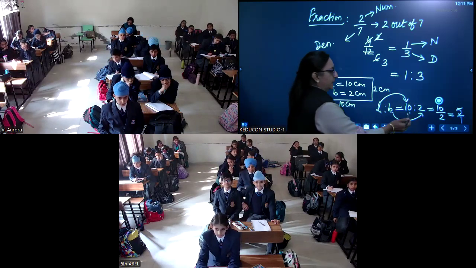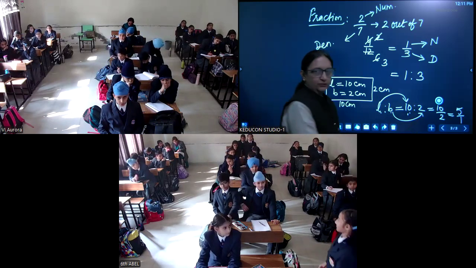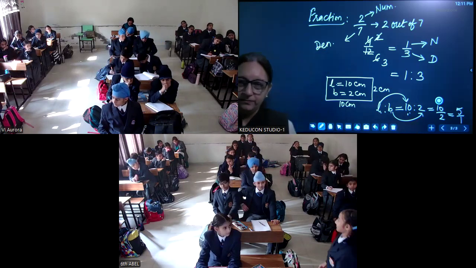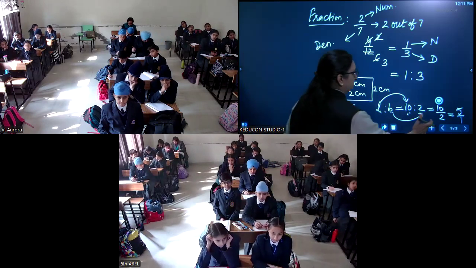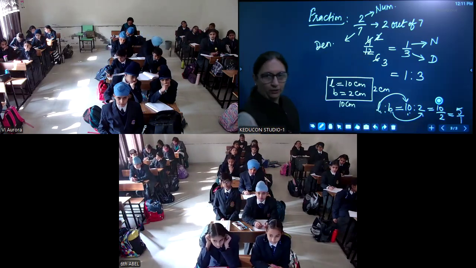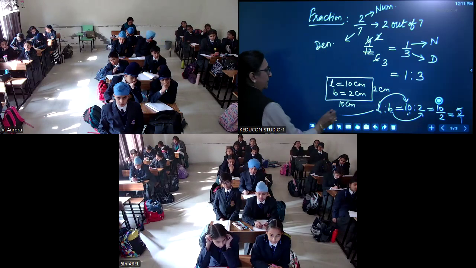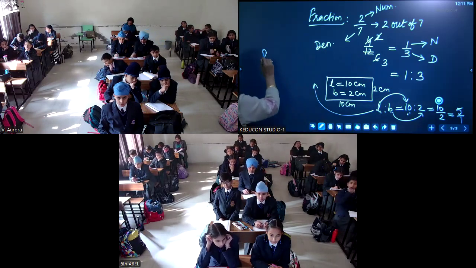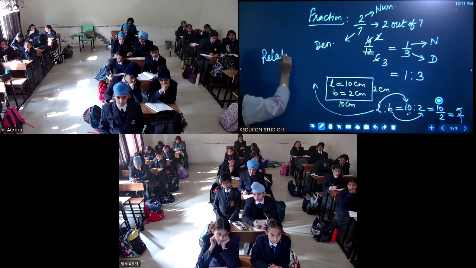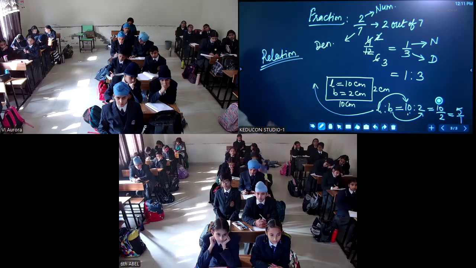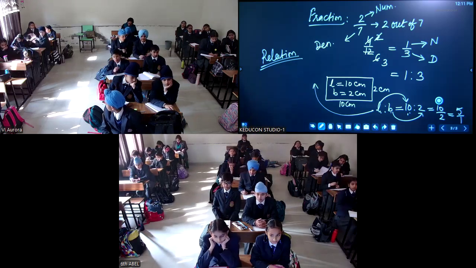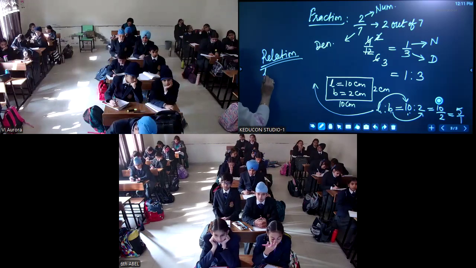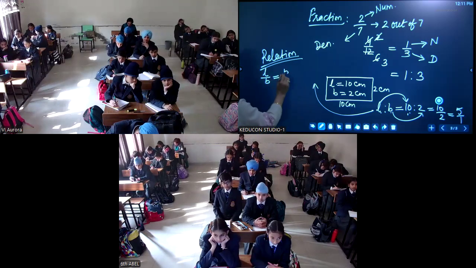Okay. Then I told you whenever there is a ratio, you write it in fraction form. So 10 ratio 2 will be 10 upon 2. It means this will come out to be 5 upon 1. So what relation are you getting from here? What conclusions do you get from here? You are getting a relation between L and B. What is that relation? You have come to know that L upon B is equal to 5 upon 1.